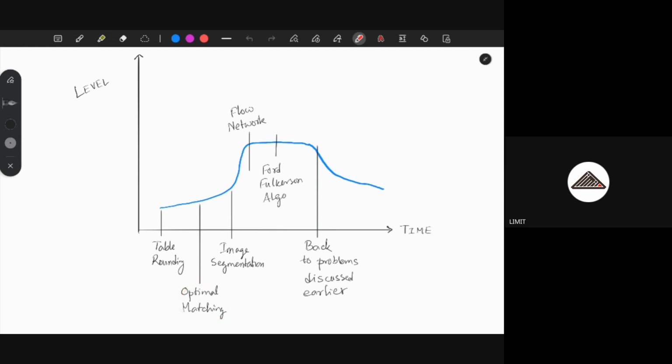And then I will talk about image segmentation. That is, you have a photo and you want to remove the background of the photo. That kind of problem. And with all these three problems, there's a very elegant approach, with flows and networks.